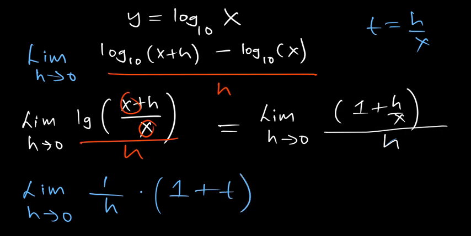Now equally we can still make h the subject so that we have tx there. So the moment you do that on your next step, the limit changes to t approaches 0, and your h becomes tx.